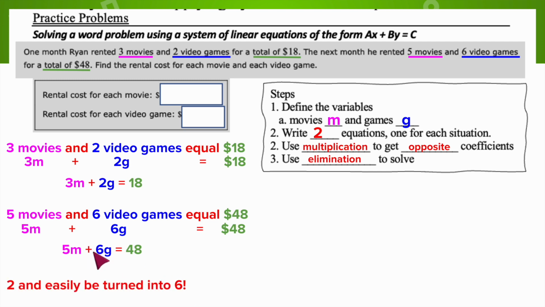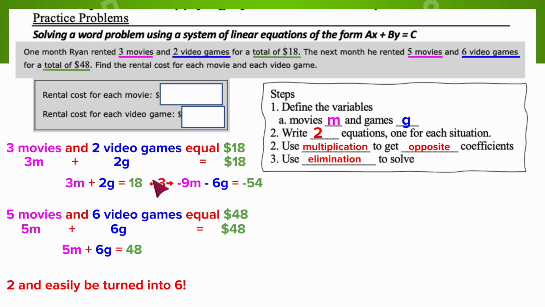So that's my step. Nothing matches, and I don't necessarily know what one of the variables equals. So I'm not going to use elimination immediately, and I'm not going to use substitution. But if I use multiplication first and I multiply this first equation to get something matching, then I can use elimination. So it's just that process of, how do I get there?